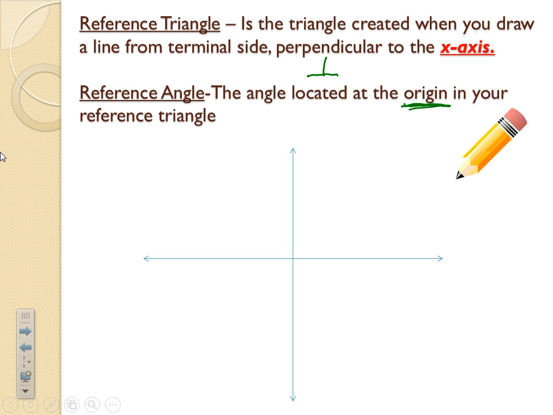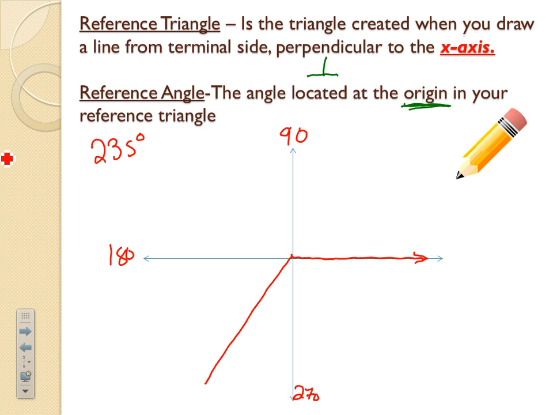So if I would give you an example, if I said we're going to draw 235 degrees. I start at my initial side, which is always my positive x-axis, and I go past 90, past 180, but before 270. So it's going to be somewhere around here.